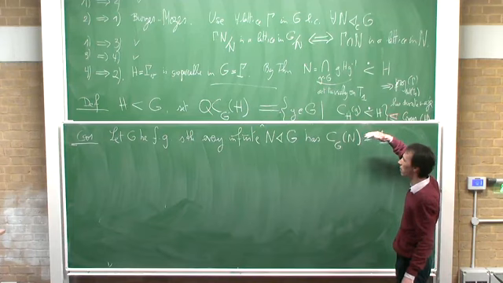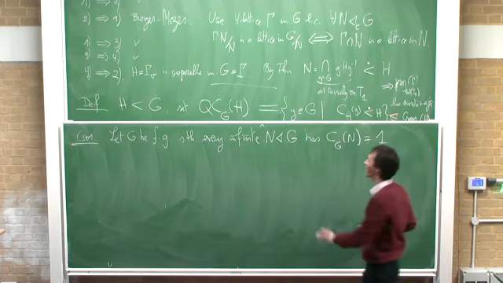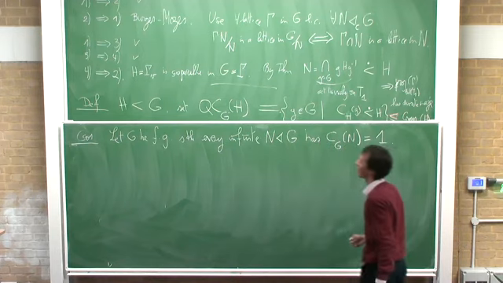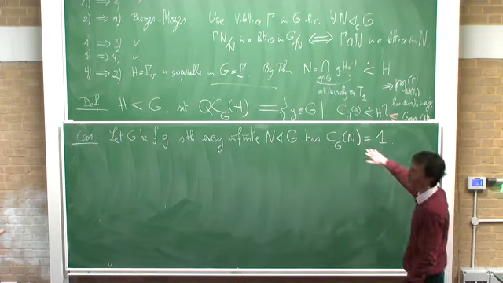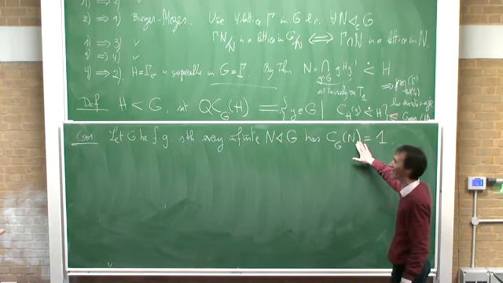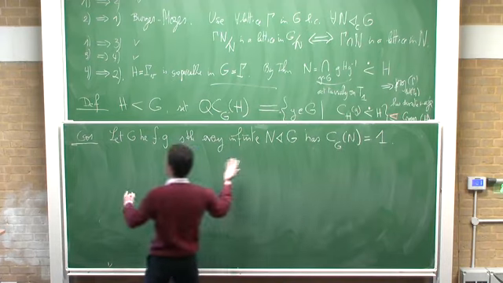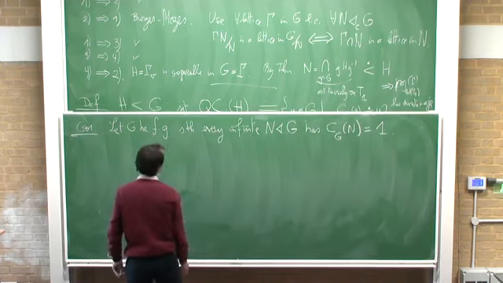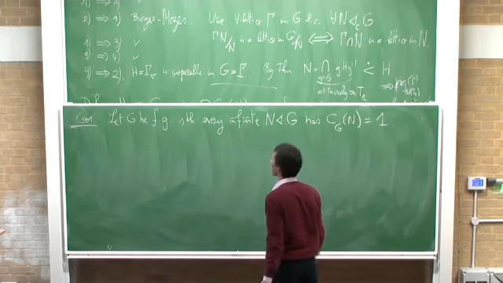I don't want G to be virtually a product, for example. This is some kind of algebraic irreducibility assumption on G. G can be a simple group, for example, but it applies to a lot more groups.